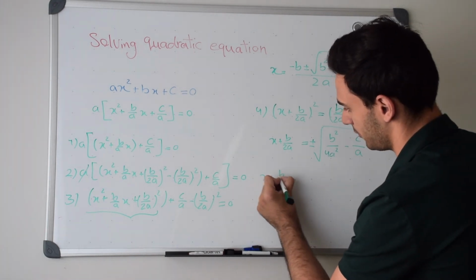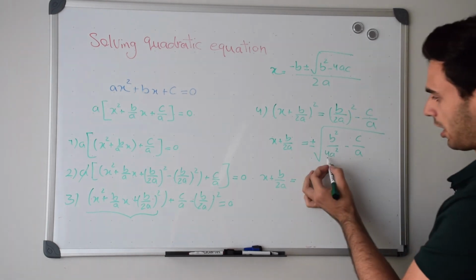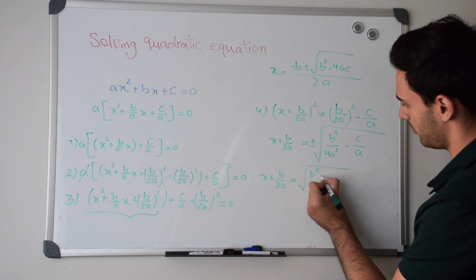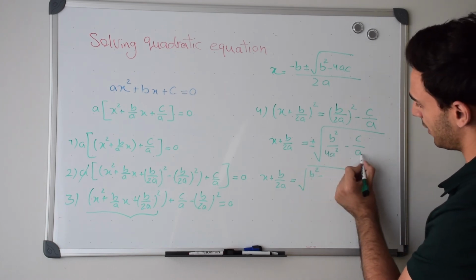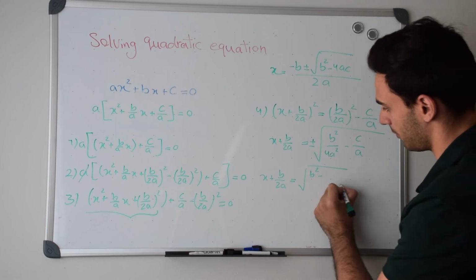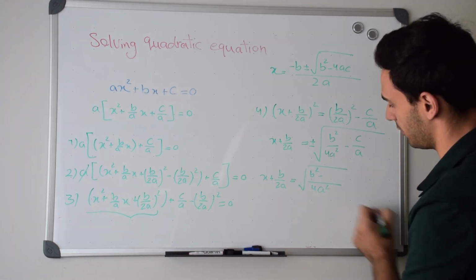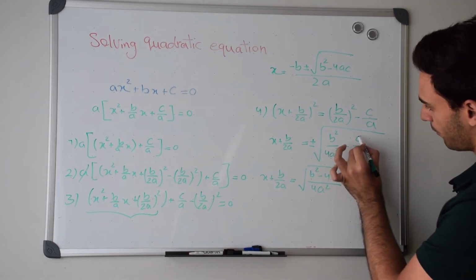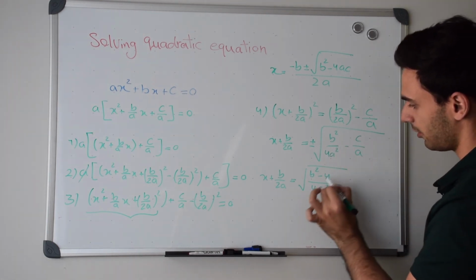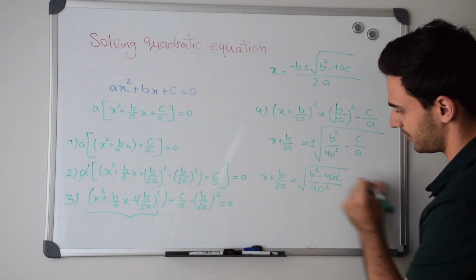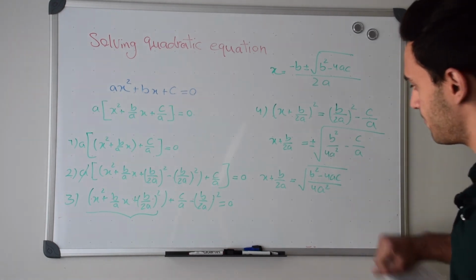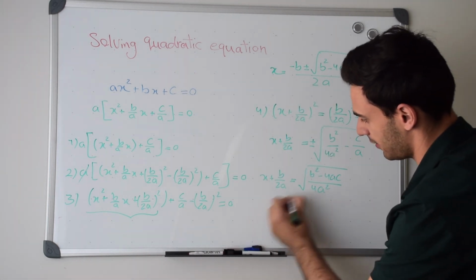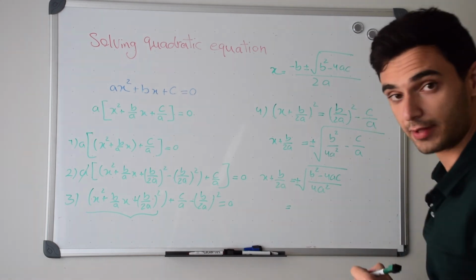What is the common denominator here? b squared over 4a squared. So I can multiply c over a by 4a and I'll have a common denominator, which is 4a squared. So I'm going to multiply both denominator and numerator by 4a. So 4ac. Okay? See? We're getting there. And this is plus or minus, we don't forget that.